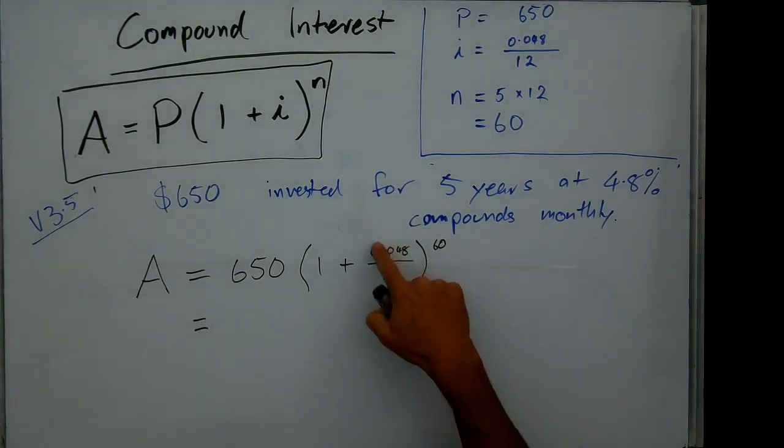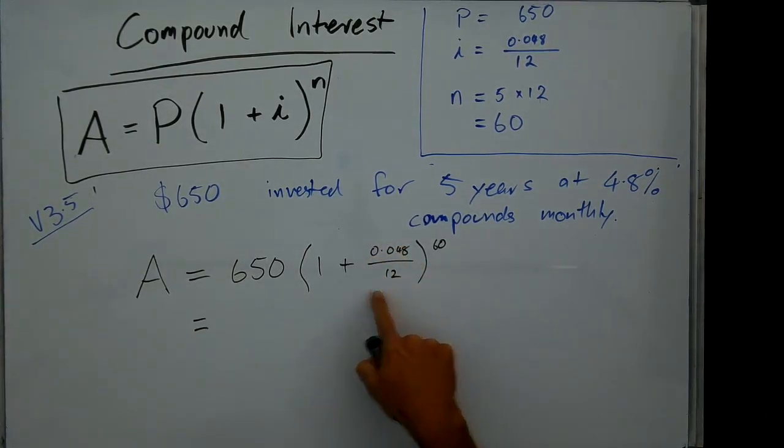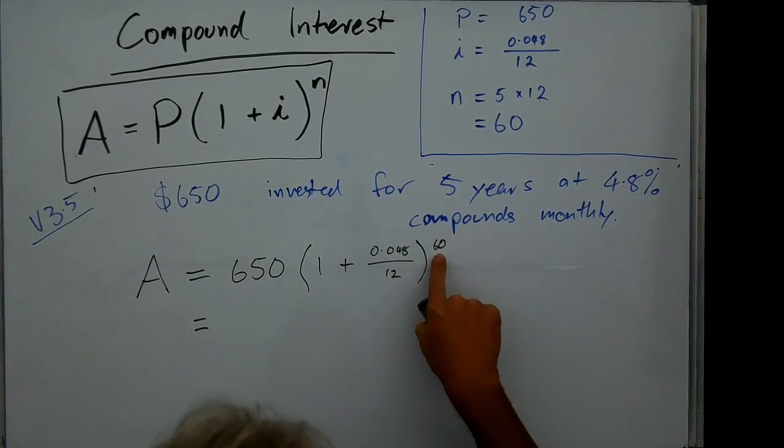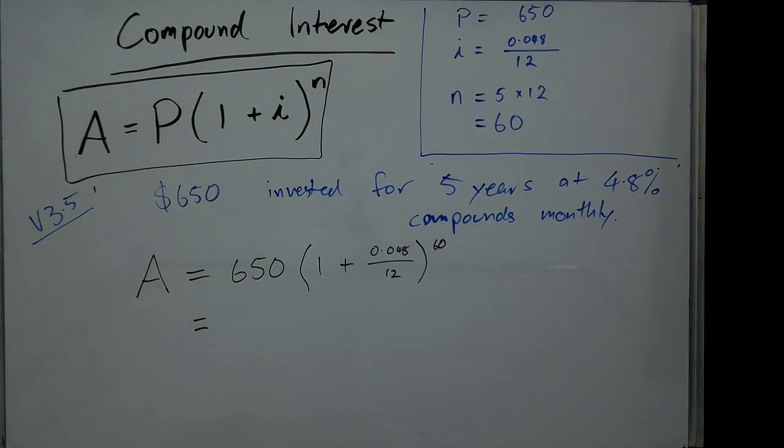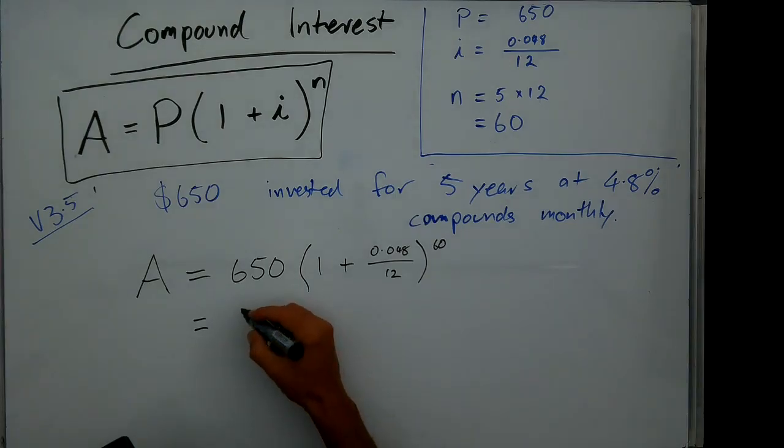So again, I'm going to type this fraction first, then add 1, then raise it to the power of 60, and then multiply it by the principal. If you have a calculator where you can just type it out exactly like that, great, do it like that. Okay, 0.048 divided by 12 plus 1.